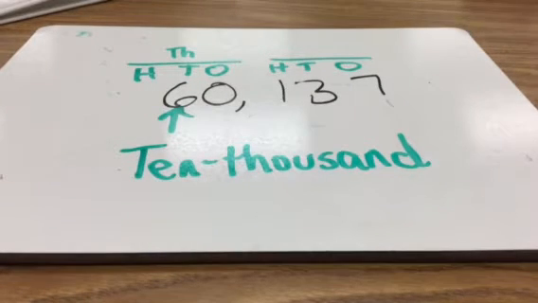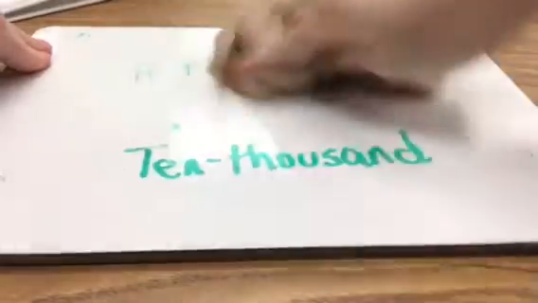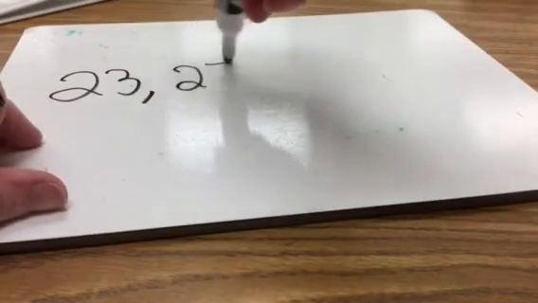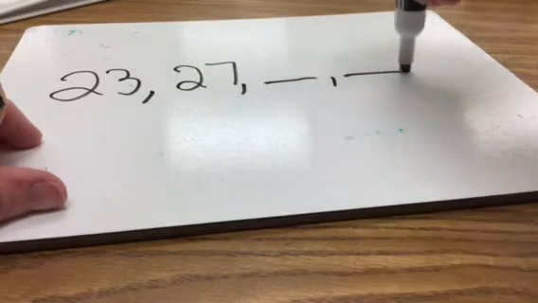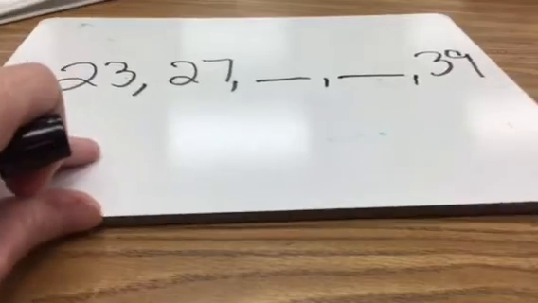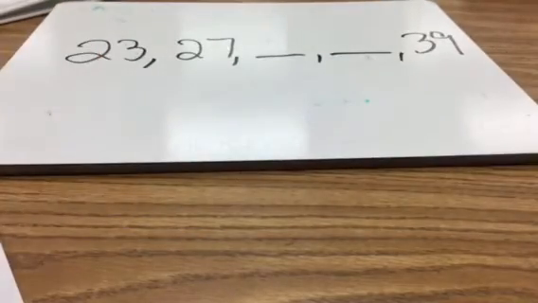Okay, number 2. What are the 2 missing numbers in this pattern? 23, 27, blank, blank, 37. So we have to figure out, what is this rule that we're counting by here? How are we getting from one number to the next?